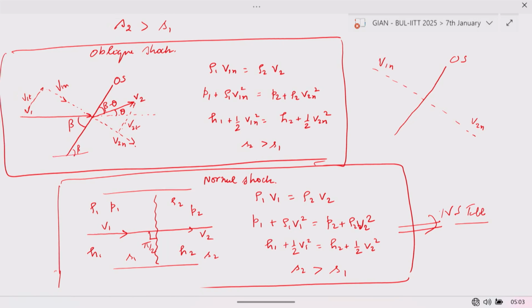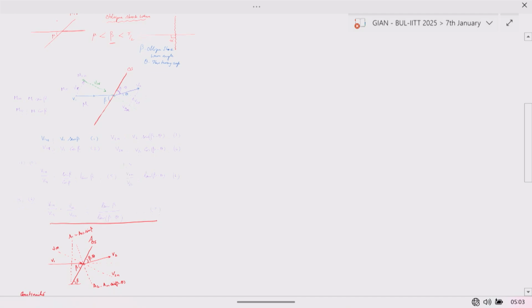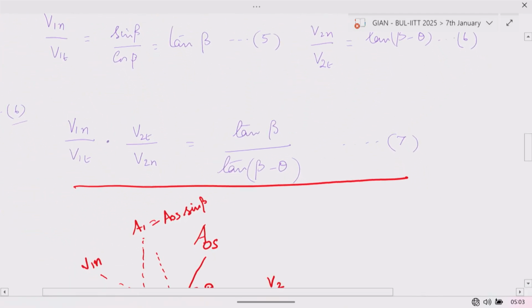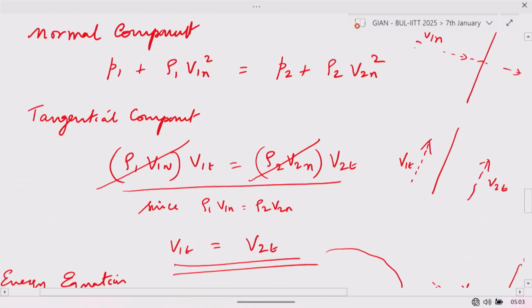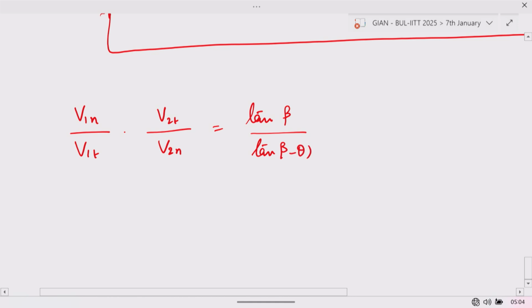Okay. Now, with this understanding, let's go back to the equation we obtained earlier. So we have V1n by V1t into V2n by V2t is equal to tan beta by tan beta minus theta.